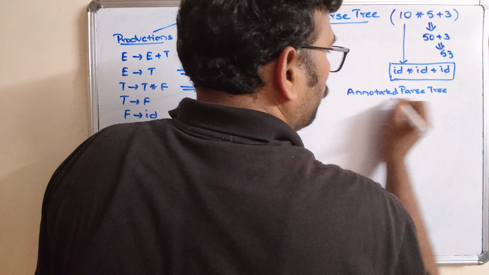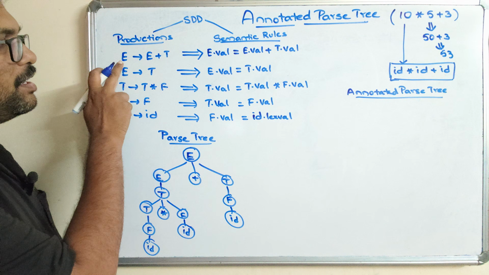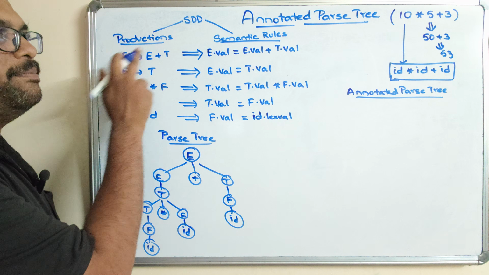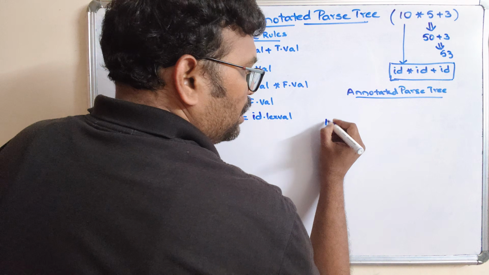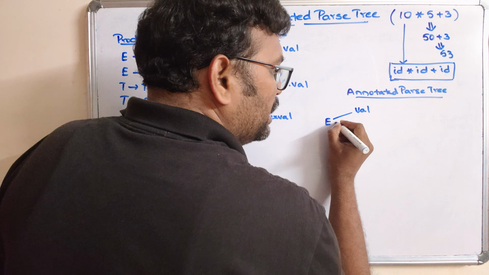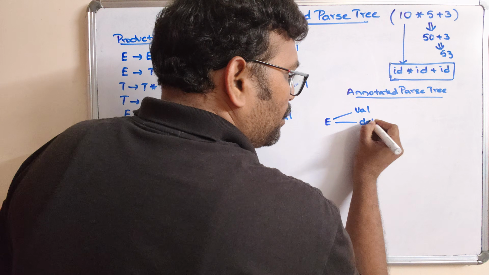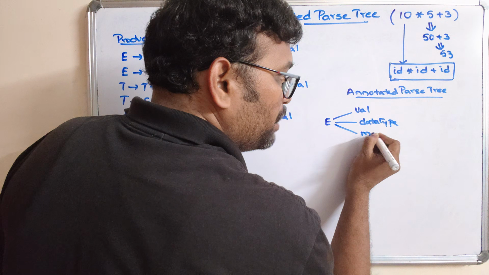In an annotated parse tree, you can observe that every non-terminal will have different attributes. For example, if you take E, E can have a value, E can have a data type. E as a memory variable can also have a memory.